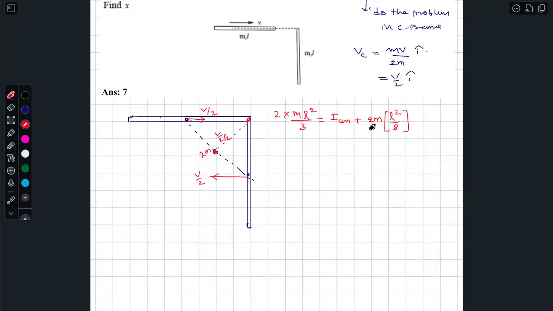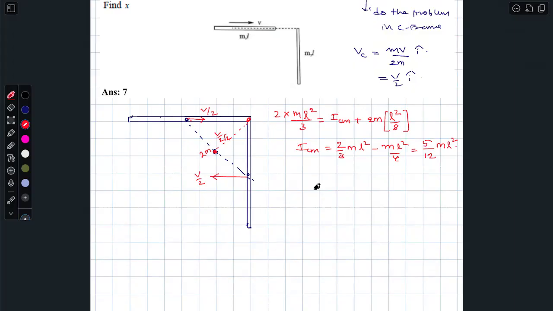ICM is 5 by 12 ml square, the moment of inertia about the center of mass.